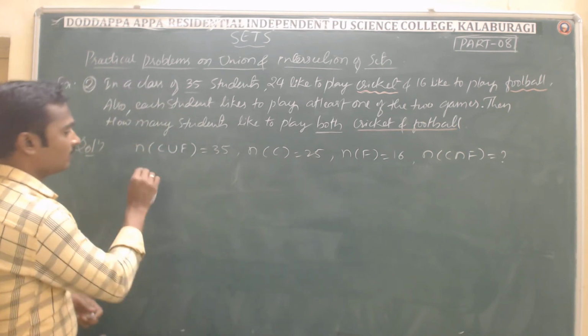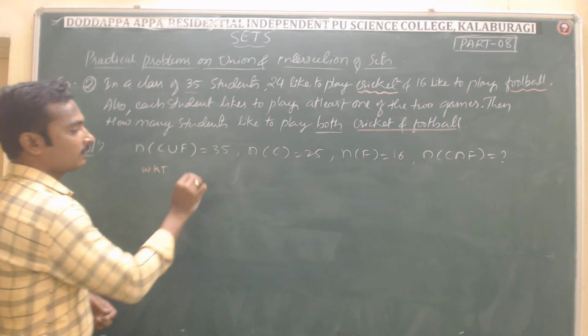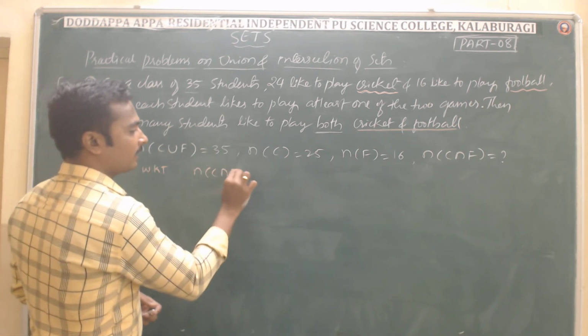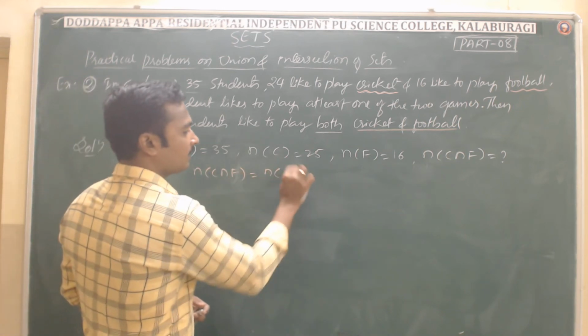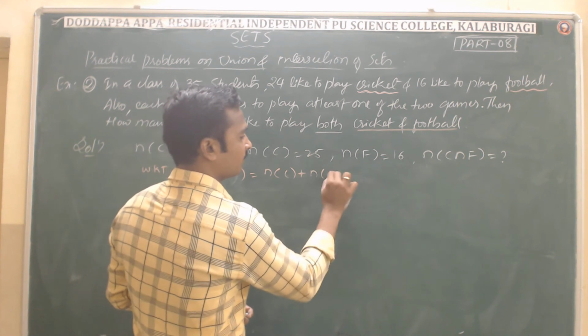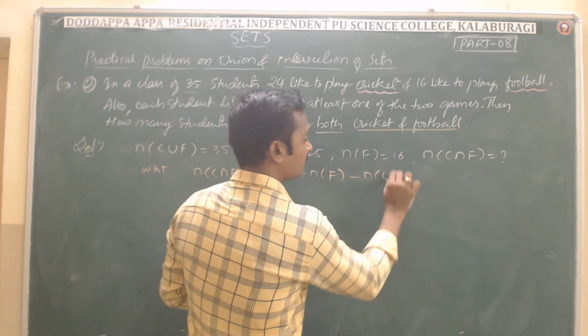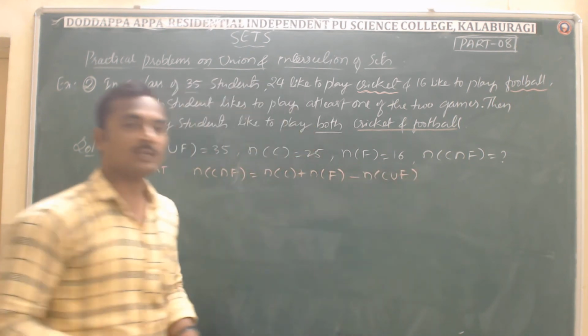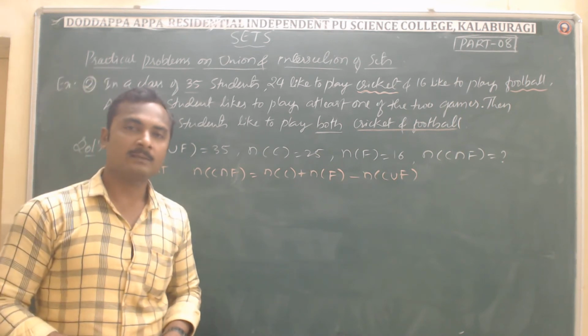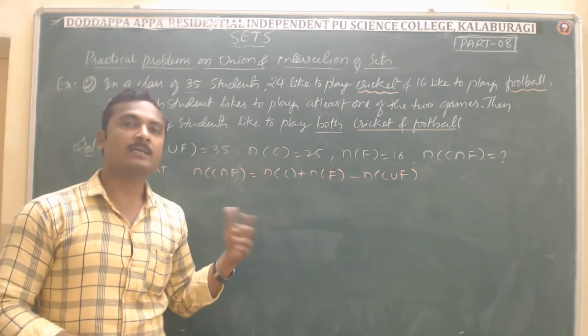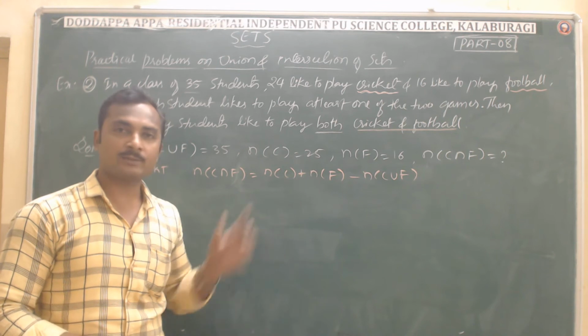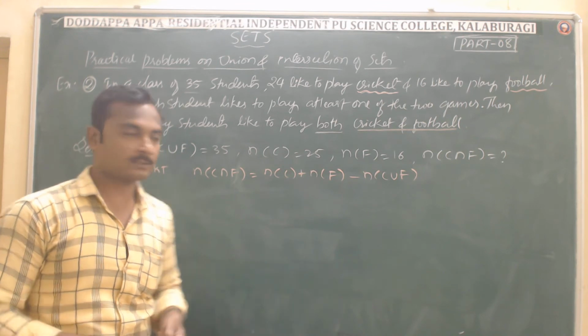So what is the formula? We know that n of C intersection F is equal to n of C plus n of F minus n of C union F. In fact, we used the sets A and B, but here C stands for cricket and F stands for football, so I use C and F. That doesn't matter.